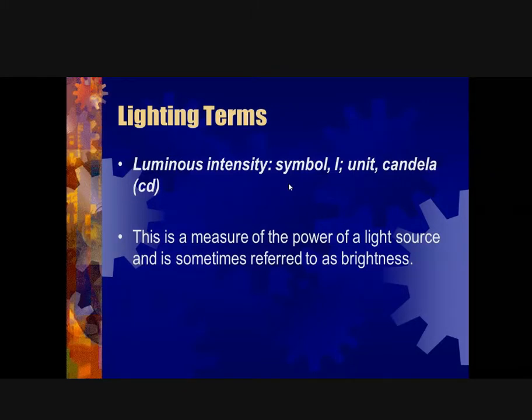In historic times, the candle was the means of having light, and so with the development of electricity, lights were measured based on how bright they are compared to a single candle. Hence the brightness of a lamp is measured in candela.